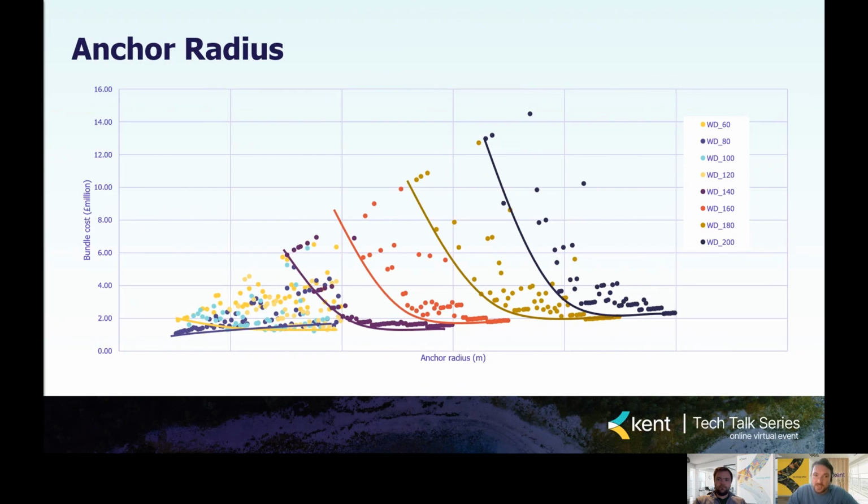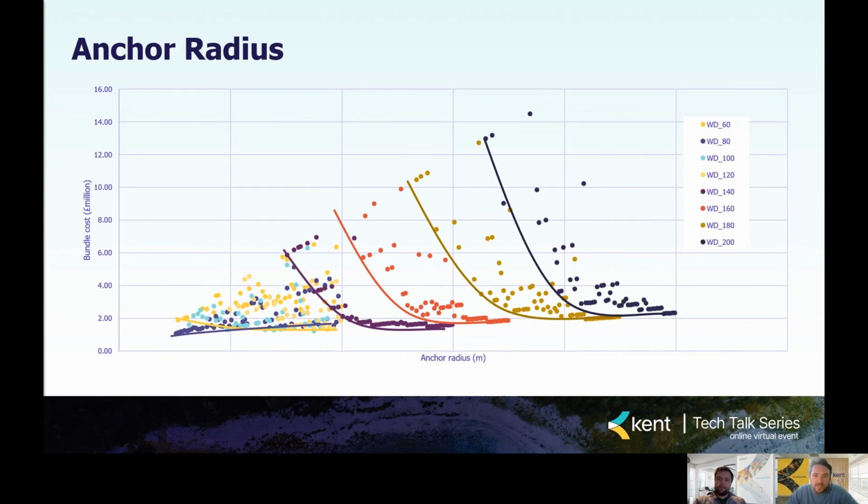And essentially, this is just showing us the points close to the Pareto front for each water depth. And you can see that we generally have a smoother set of points at the lower bundle costs. And this is because the software has identified these as more optimum solutions and generated more designs in this area.